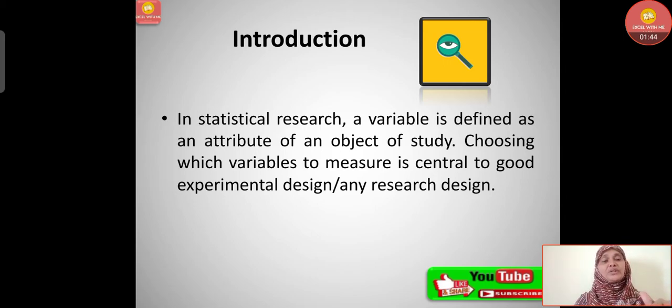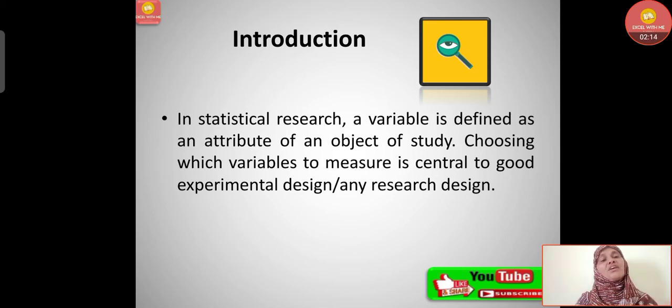For example, just now I told you, if you want to study academic achievement and emotional intelligence, or a comparative study, what variable you want to take, what measures you want to take, which variables you want to test or do the statistics on. You will take the academic report of the students, and you may have some questionnaires to be answered by the subjects.